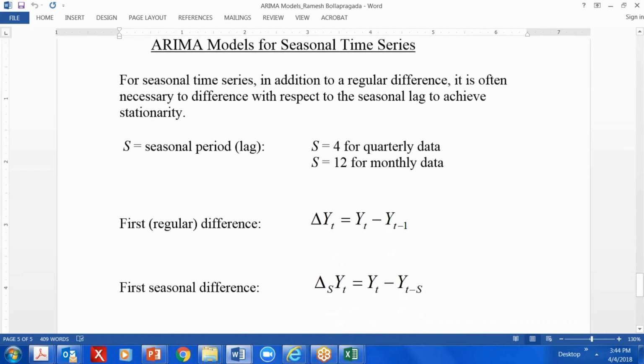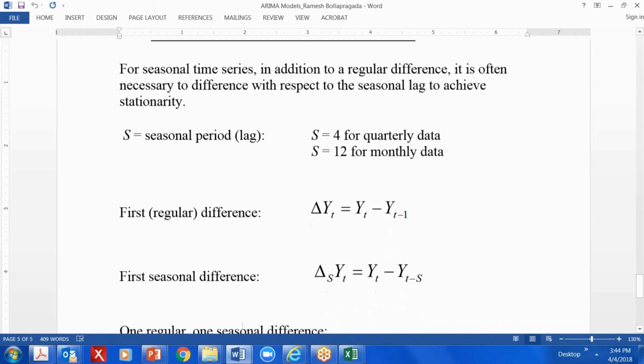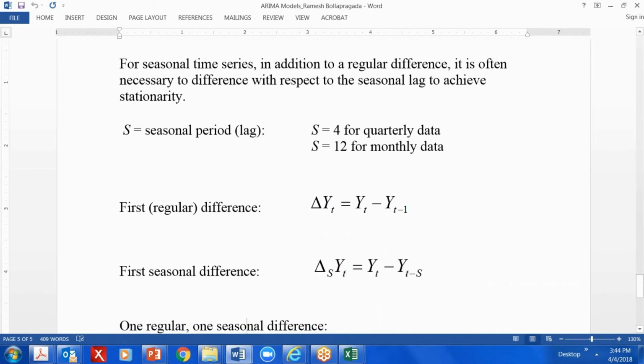If the regular difference is between Yt and Yt minus 1, as we have seen before, the first seasonal difference is between t and t minus s. For example, if you're looking at retail data for 2 years, then the most important time period is December, so the seasonality value is equal to 12.